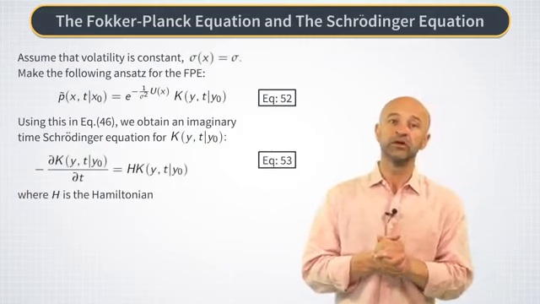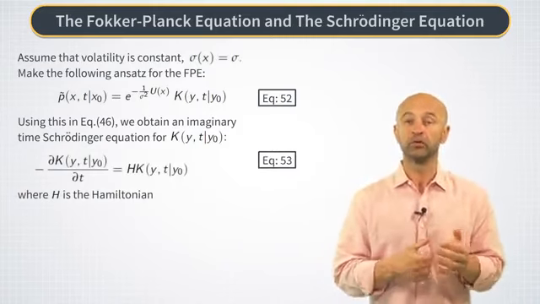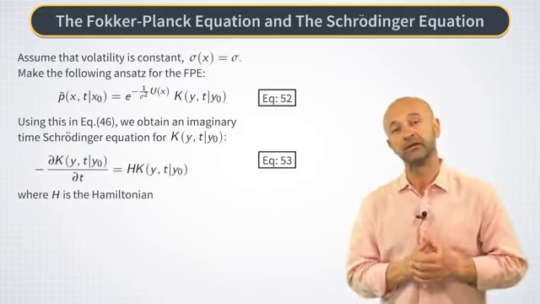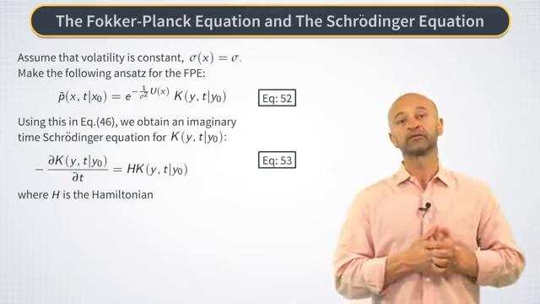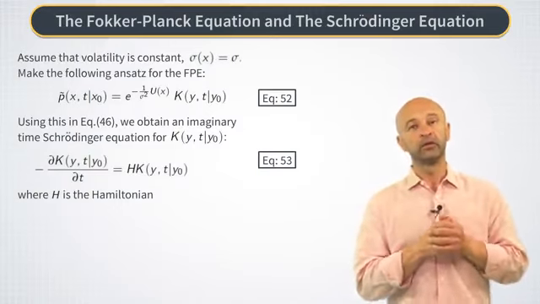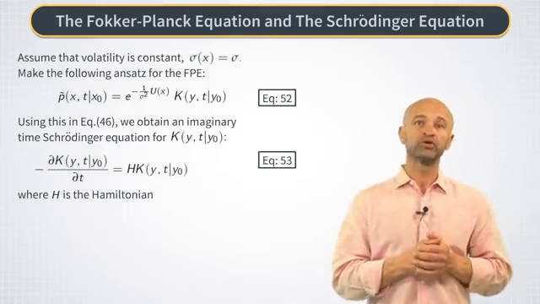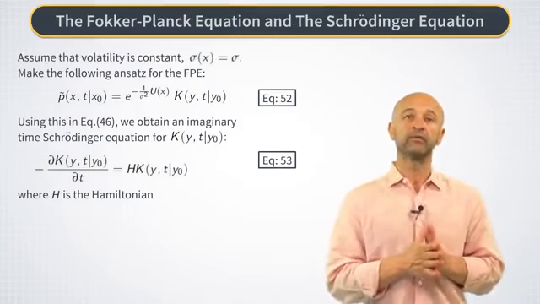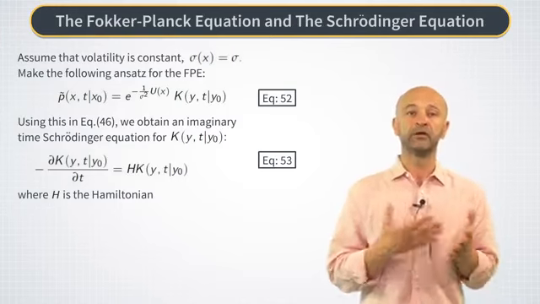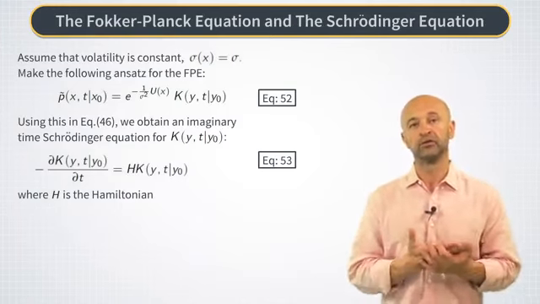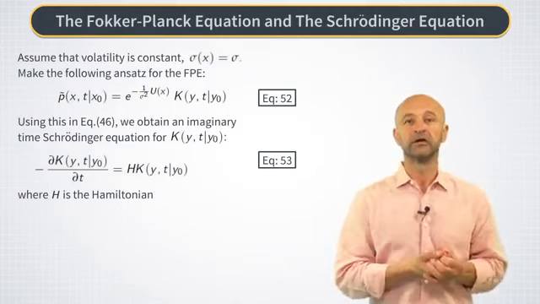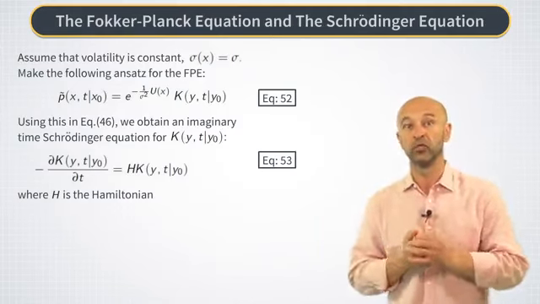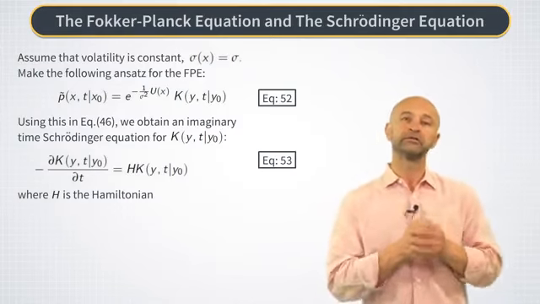This equation is actually the same as the Schrödinger equation of quantum mechanics, where sigma squared plays the role of the Planck constant. In quantum mechanics, the Schrödinger equation is the main equation of dynamics, and it replaces the Newtonian, Lagrangian, and Hamiltonian methods of classical mechanics in the setting of quantum domains.